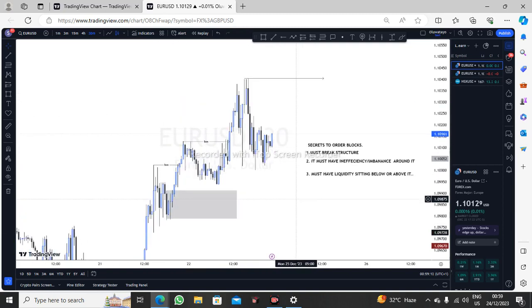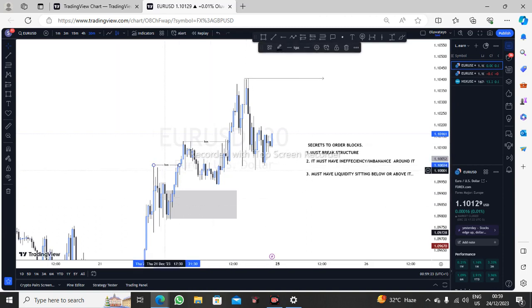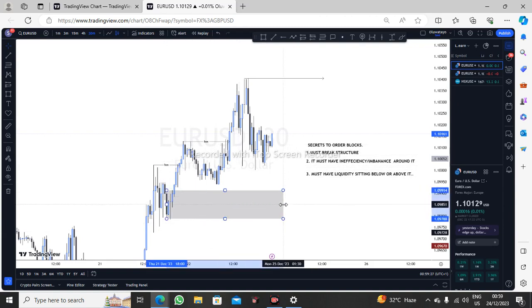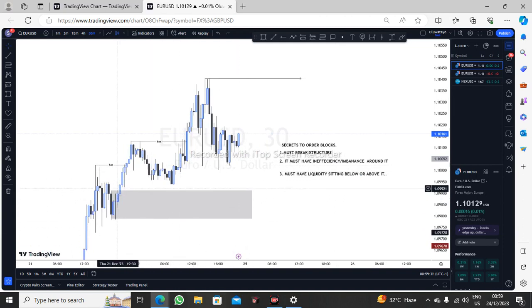Now the validity of an order block must actually lie within these 3 things. Must break structure. Did this order block break structure? Yes, it broke structure. Now what again about this order block do we need to identify? Did it have inefficiency or imbalance around it?